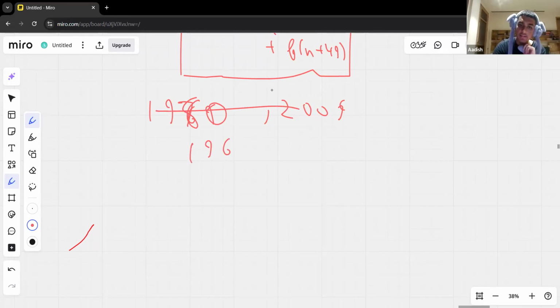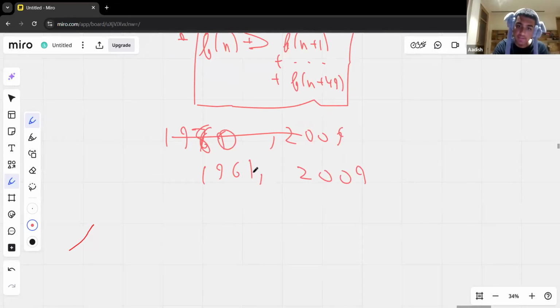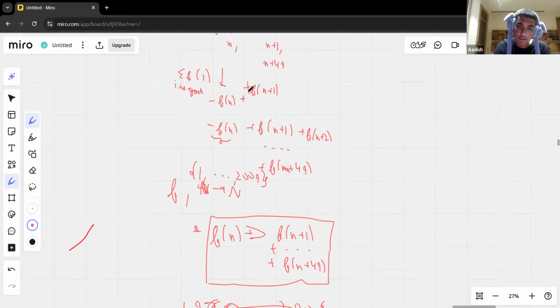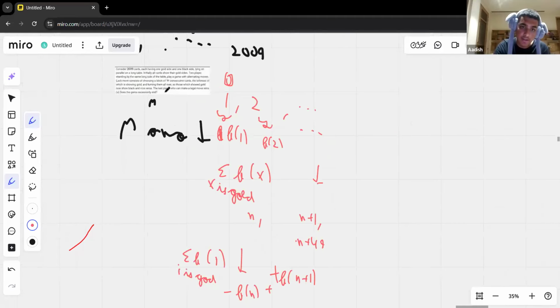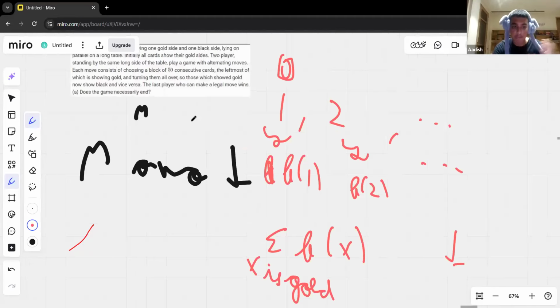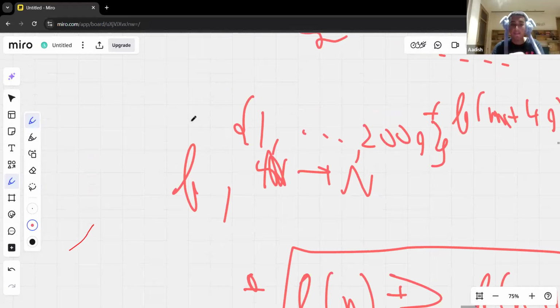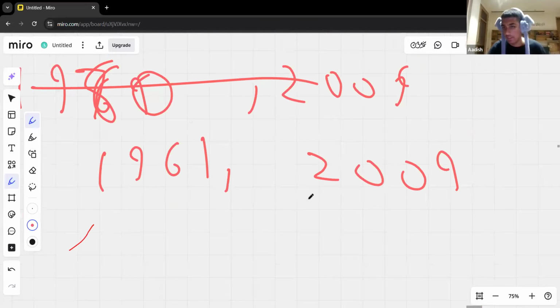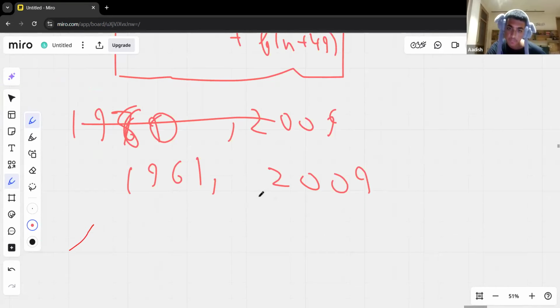Consider 1961 to 2009. These are the last 49 numbers. These you don't really care about. These can never be n, because there needs to be 49 cards after the leftmost card, so it can't be among the last 49, right?